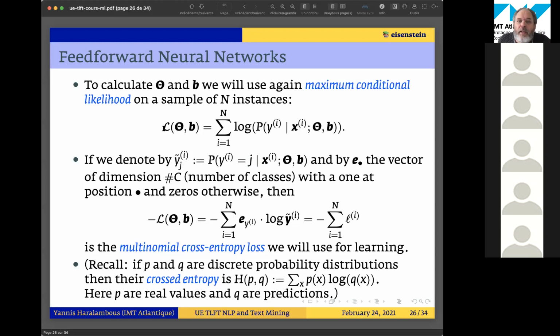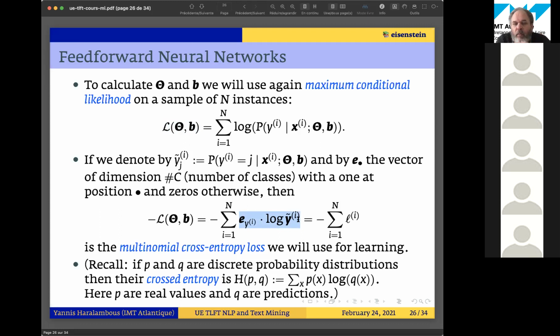So I have rewritten my conditional likelihood as a scalar product of two things. This is very, very artificial, but it gives us an insight. The insight is that we can consider this expression as a crossed entropy.